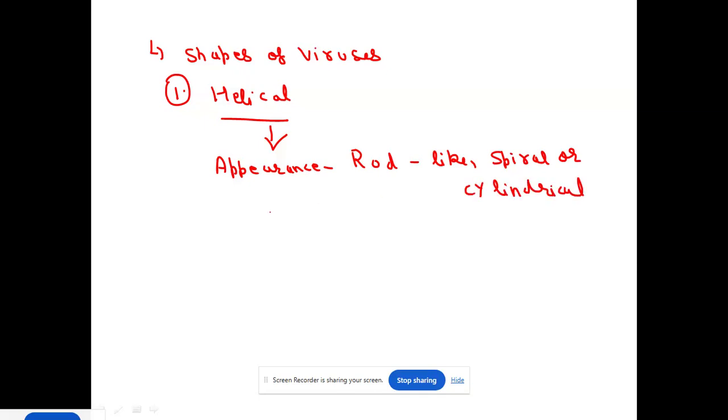And the most common example is TMV, tobacco mosaic virus, which causes the mosaic disease in plants, in the tobacco plant actually.